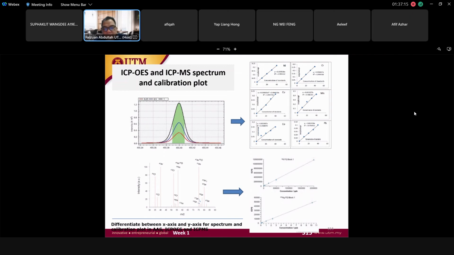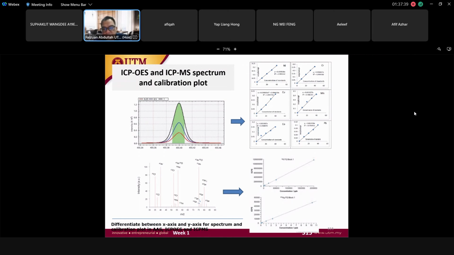For ICP-MS and ICP-OES, the calibration is much easier. For example, the range of calibration for nickel is from 0 to 0.25 ppm, or ppb, for example. You only need to prepare the highest concentration, 0.25, and then you put it in the instrument.